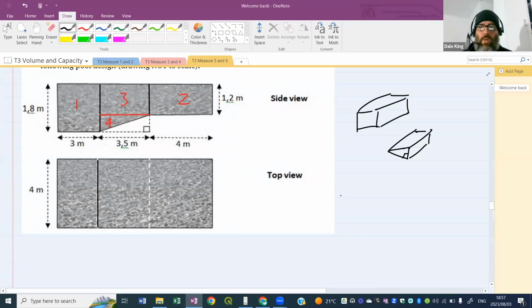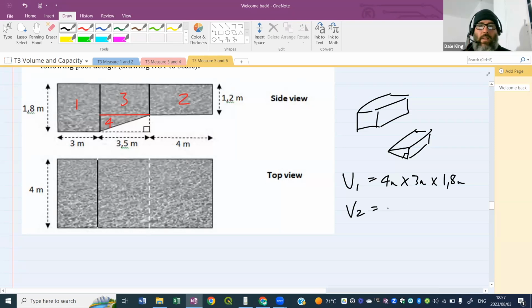So let's say volume of the first one, which is a rectangular prism, is length times breadth times height. I'm going to say the length is 4. I'm going to quickly do this before we close. So length is 4 times the breadth is 3 times the height is 1,8. Don't shout at me because I'm putting the numbers in the wrong place. It doesn't matter.